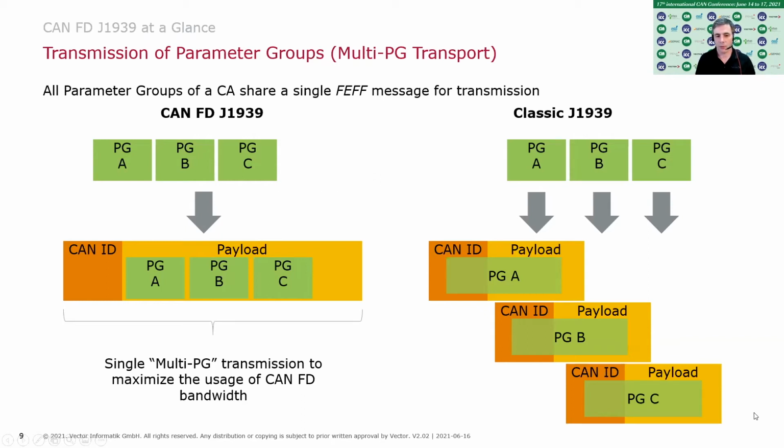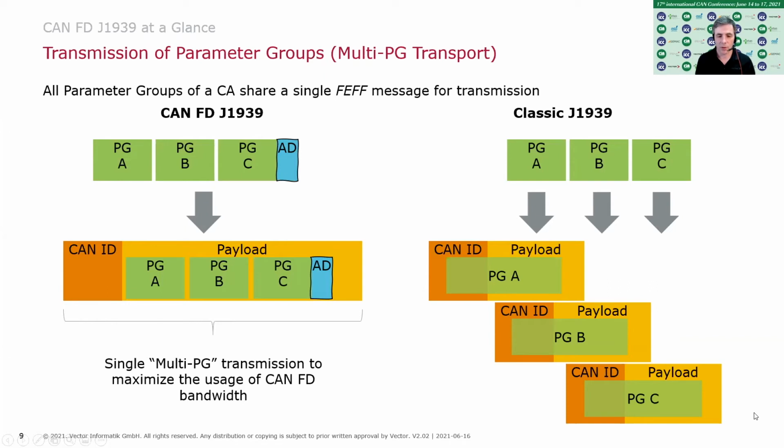If we have now a closer look at the assurance data, safety, security, or both, as you can see, it will be added to the parameter group. It will not be added to the CAN frame. If you have, as shown in the example here, 3 parameter groups to transmit, but only parameter group C requires assurance data, then you simply add assurance data to parameter group C, and this will go along with parameter group C into the payload.